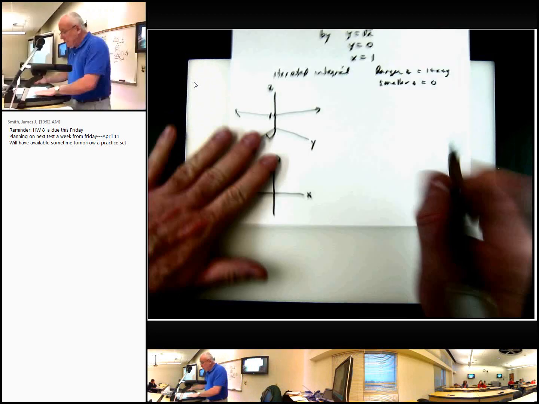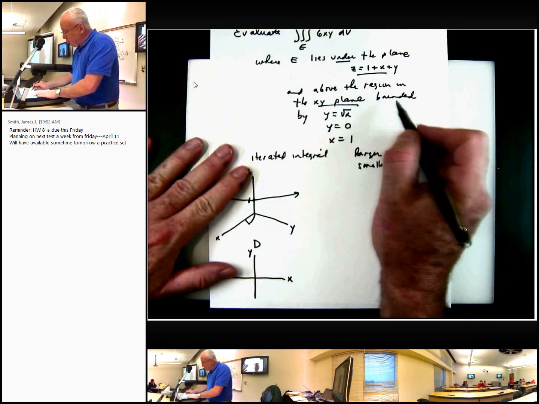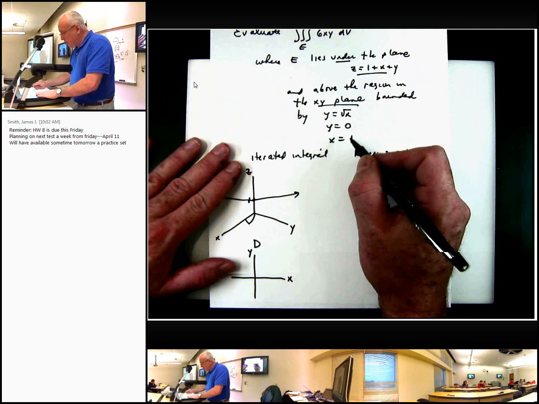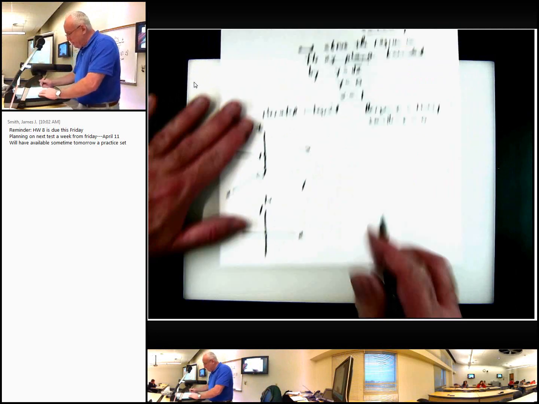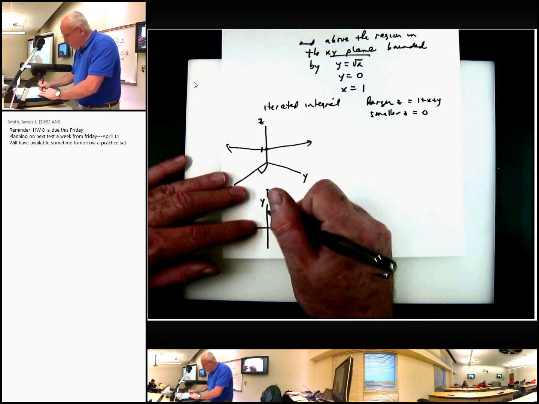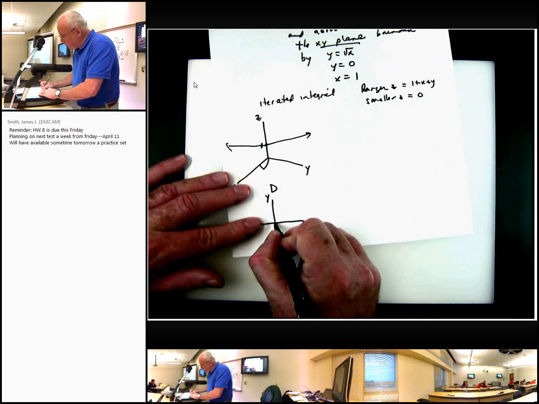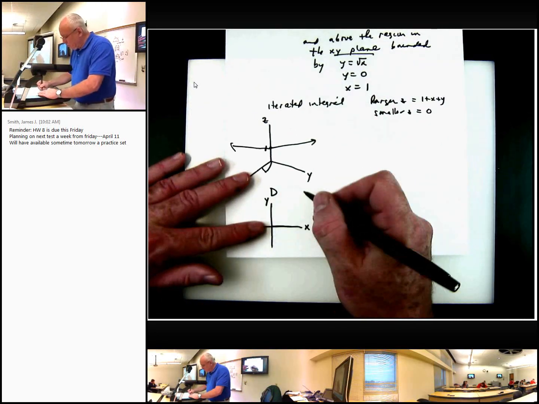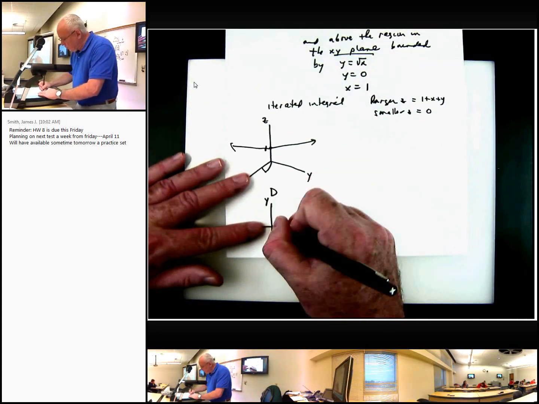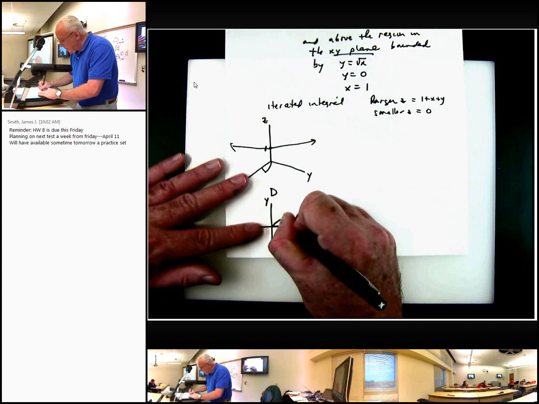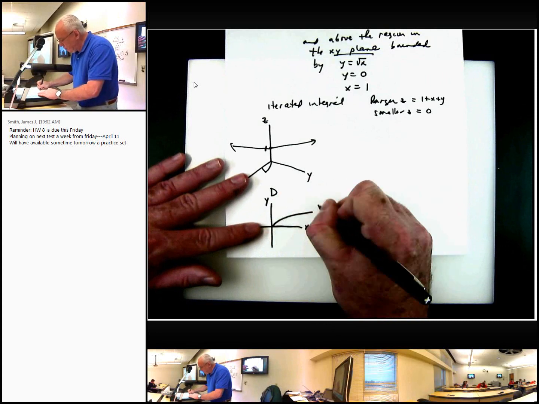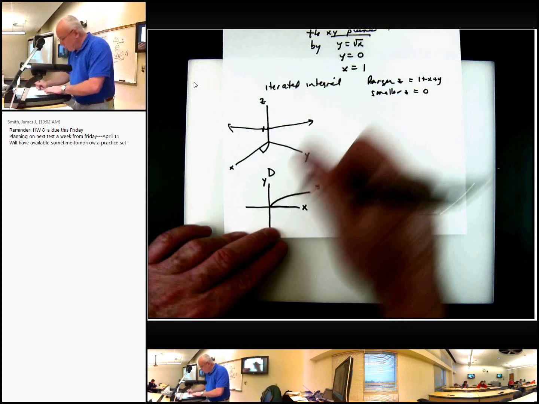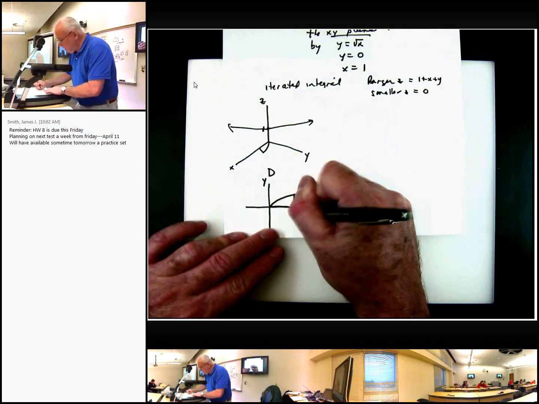So our region on the xy plane, what are we told here? It's bounded by y equals the square root of x, y equals 0, and x equals 1. So here's y equal to 0, and then y equals the square root of x. That comes out like this. And then x equal to 1 is right here.